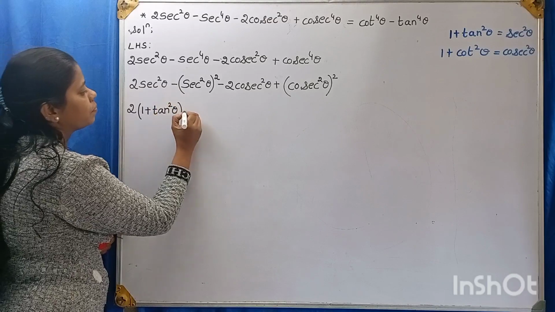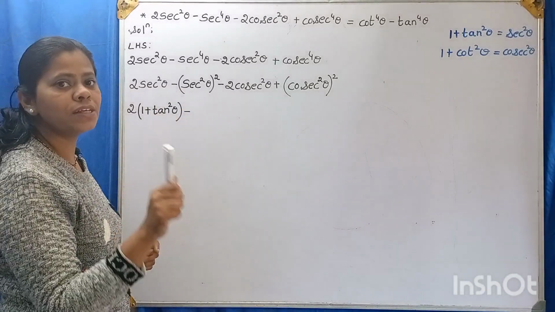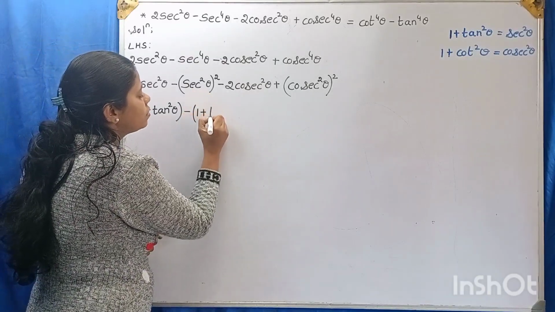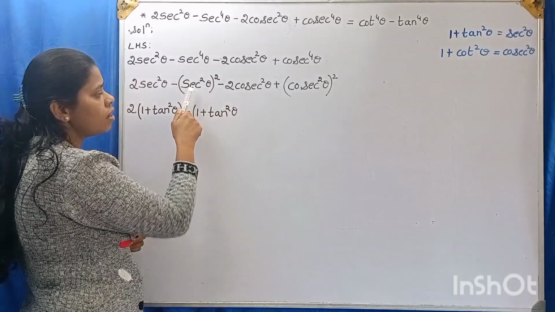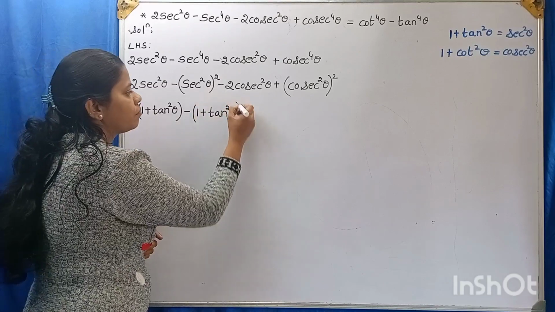Minus, this sec²θ, again I will write it as 1 plus tan²θ. Now look at this. Sec²θ I have written as 1 plus tan²θ, then whole square.